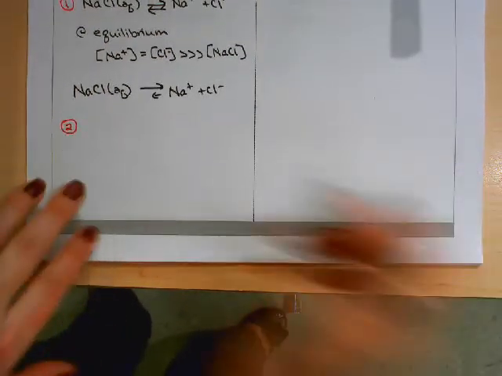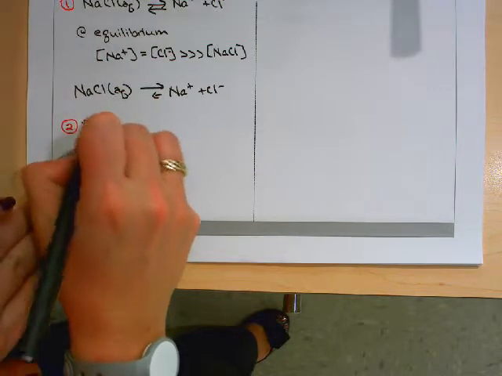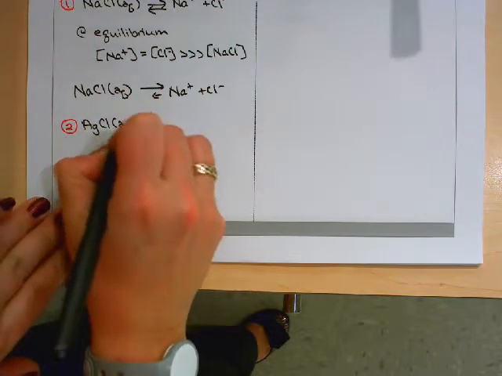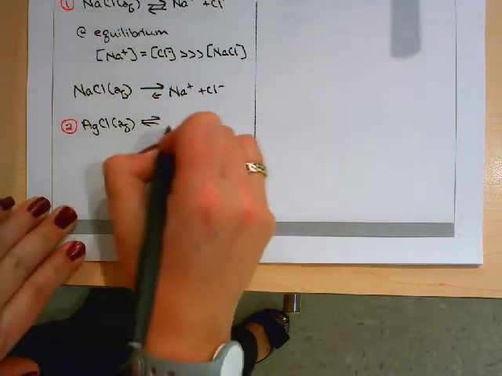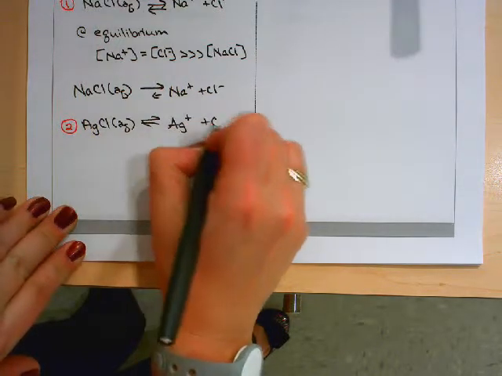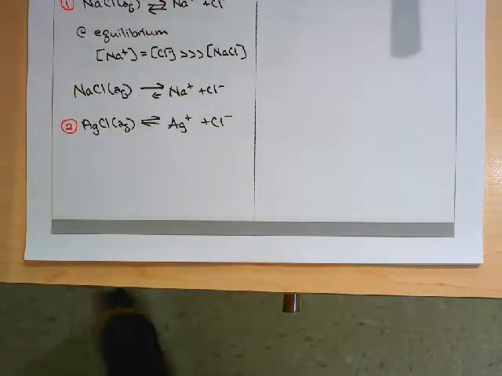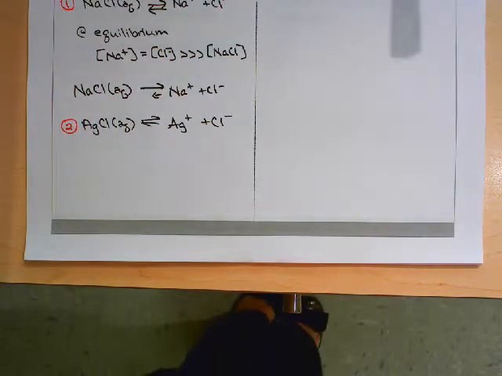All right, let's look at silver chloride. Based on either remembering solubility rules, which you will need to know again. We're coming up to where you have to know all your solubility rules again.